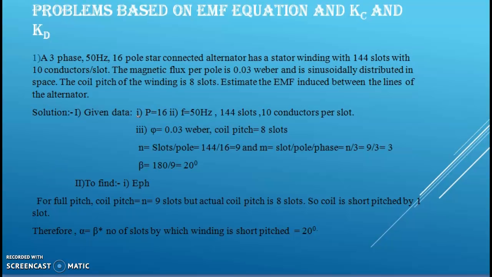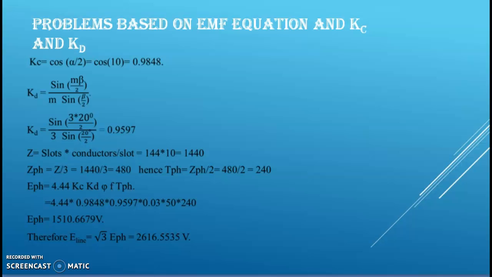So I can find out the coil factor. What is the formula for coil span factor? Kc is equal to cos of alpha by 2. Alpha is 20, so 20 by 2 is 10. Cos of 10, if you calculate on your calculator, will be 0.9848. So this is the value of Kc, the coil span factor or coil pitch factor.